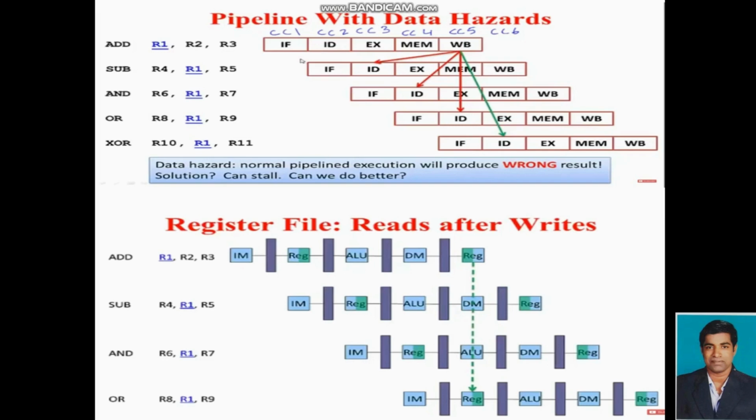Here, the last instruction, the XOR instruction, won't be affected because this instruction requires the data of the first instruction's output only after CC5, which is indicated by the green line.